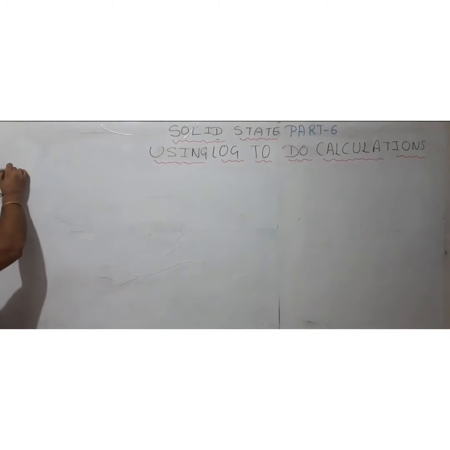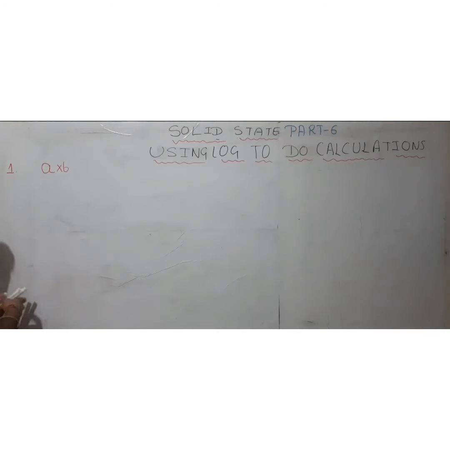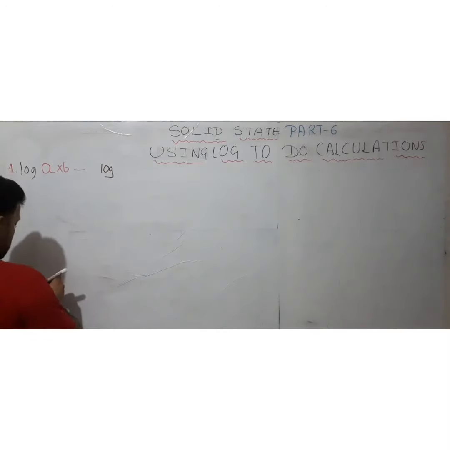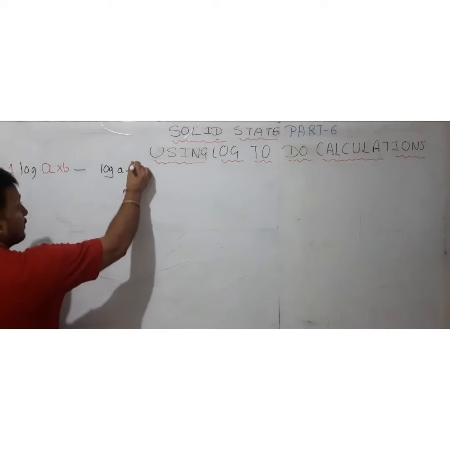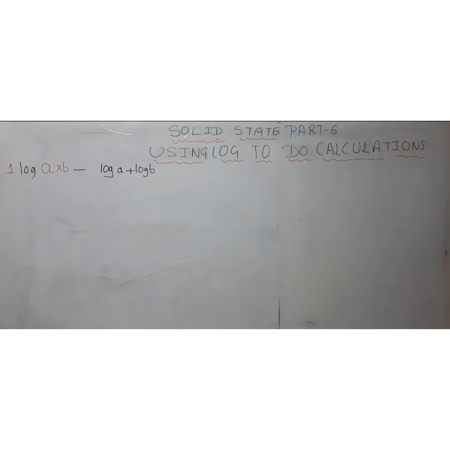So the first is, suppose you have a calculation A multiple of B, and then I apply a log on this value. So when I apply the log on this value, the value will become log A plus log B. Okay, so like that it is going to happen.